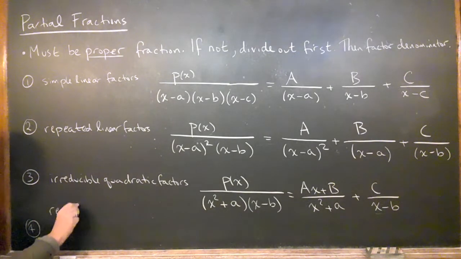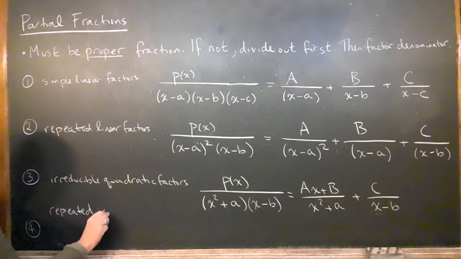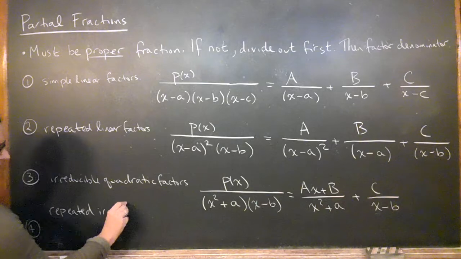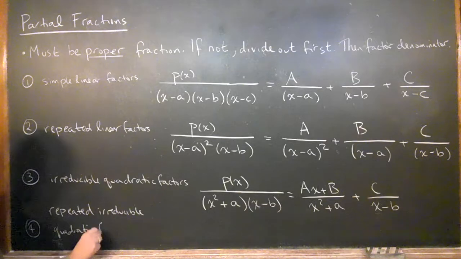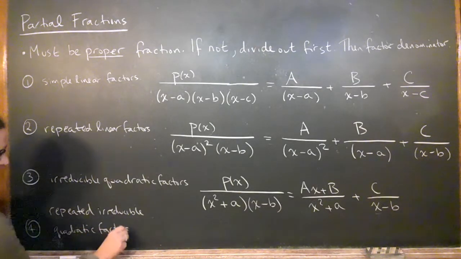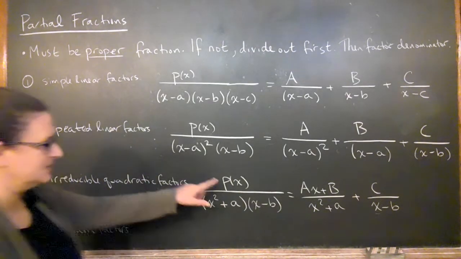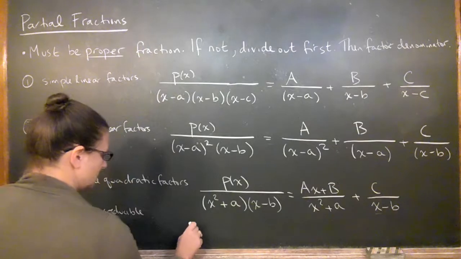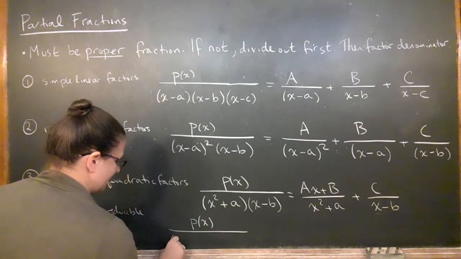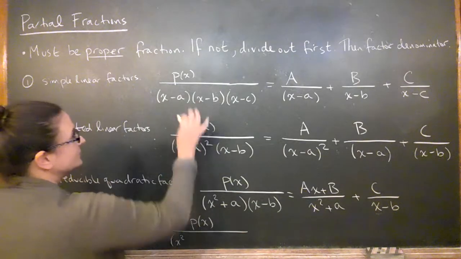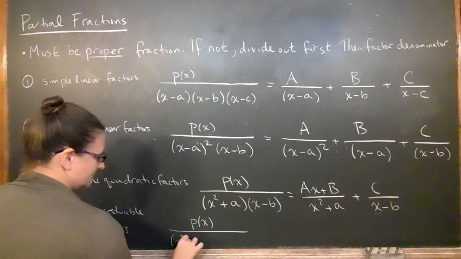Repeated irreducible quadratic factors would be just like this, only say I had a square there. So, bad board here. I see I should have started a little bit higher or something.